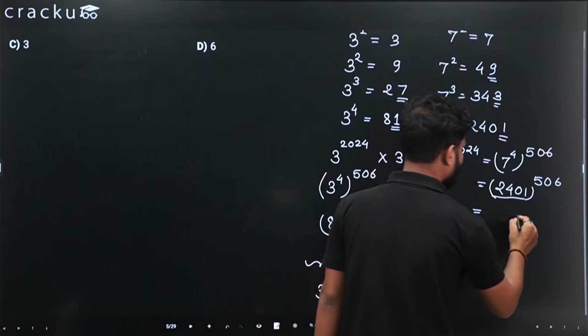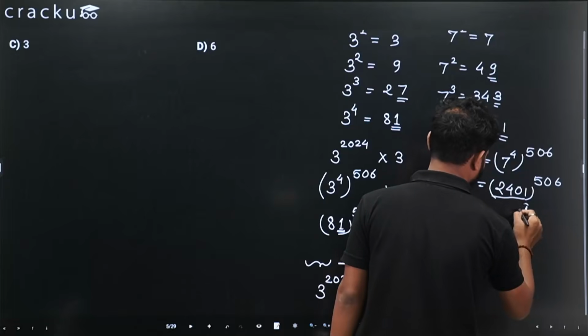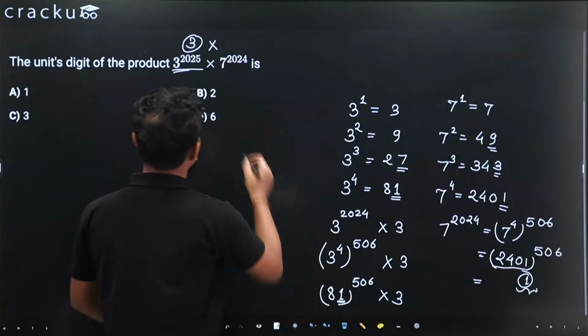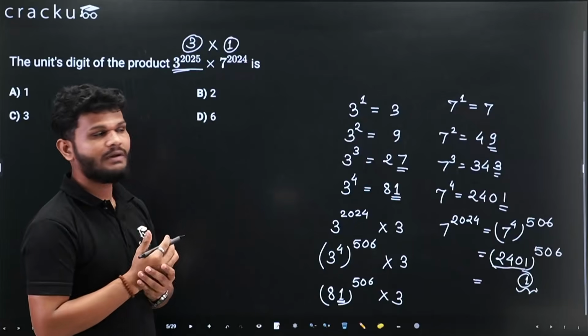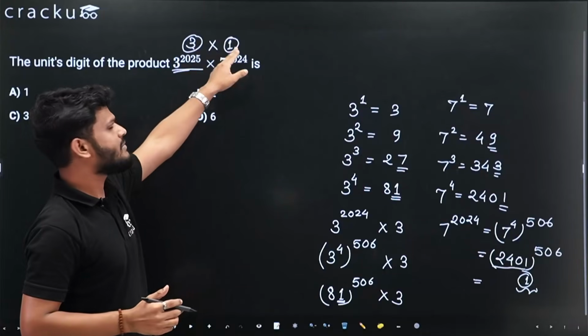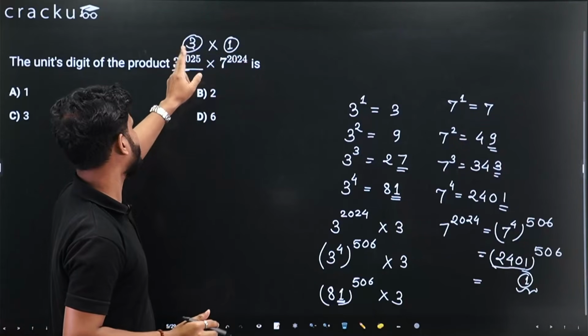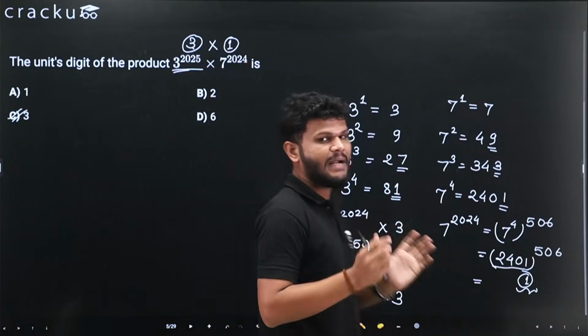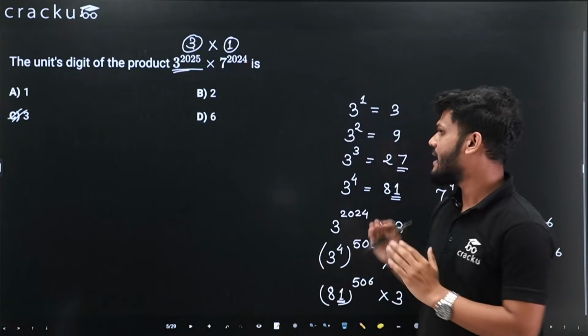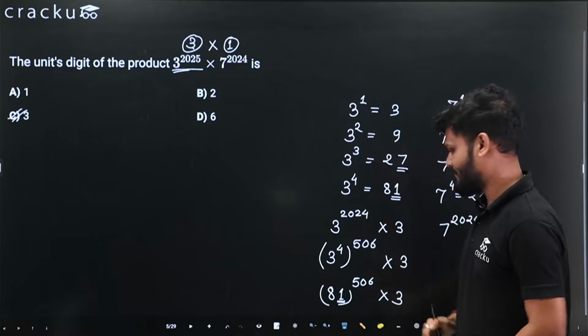Hence, the unit digit of this number will be 1. So the unit digit of the product will be the unit digit of this multiplied by the unit digit of this one. So 3 into 1, which is 3, given in option number C. So separately you can find out the unit digits and solve for the question.